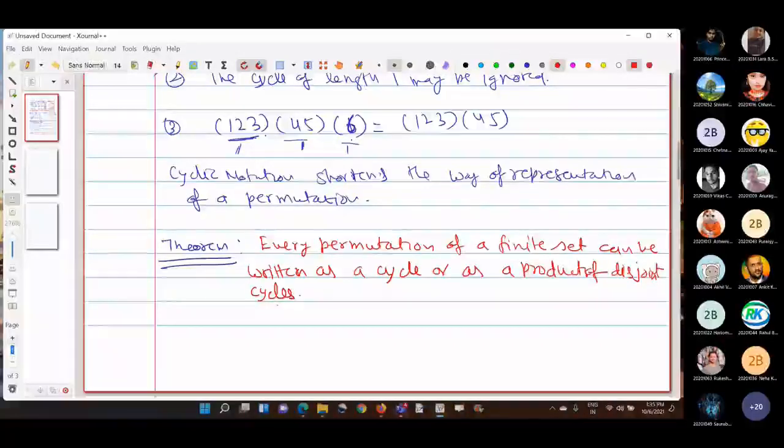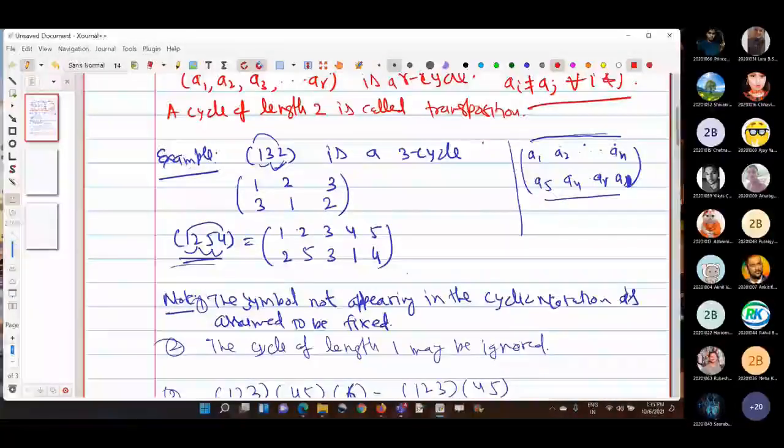Okay, so either a permutation is a cycle or a product of disjoint cycles, that we can see. For example, you can see this one, 132. This is a cycle itself.